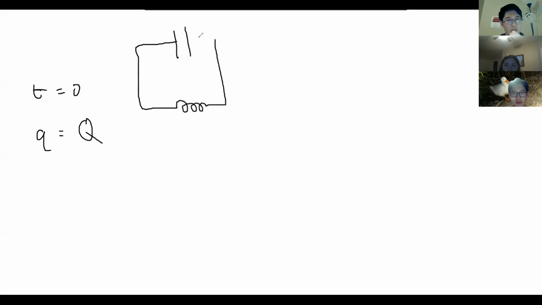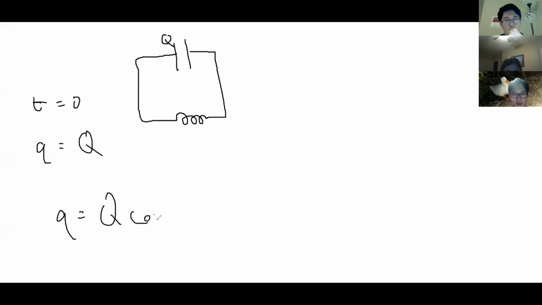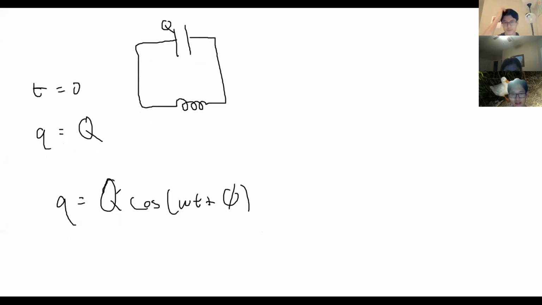So at time equals 0, the charge in the capacitor is max Q. What does that mean for the equation? Q is equal to Q cosine of WT plus phase angle.